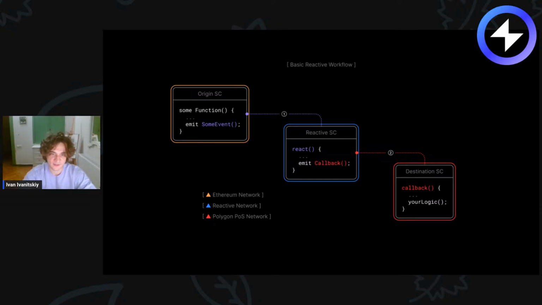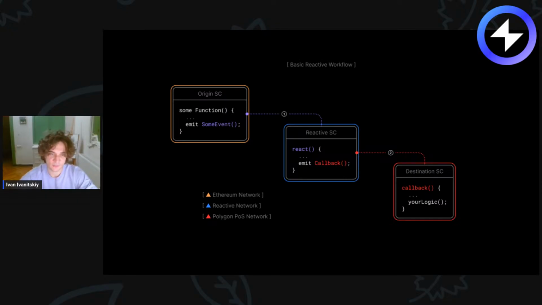Here you can see emit callback. This is a keyword in reactive smart contracts. Basically, they're written in Solidity with a few tweaks, one of them being emit callback, a keyword. This keyword means that you actually send a callback or a transaction, however you want to call it, or you call a callback function or any other function on a destination smart contract.